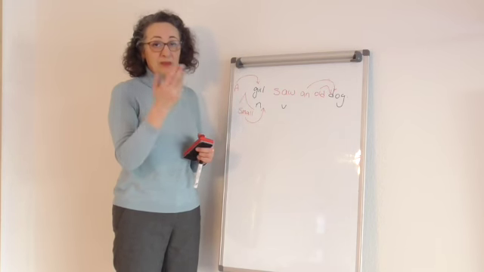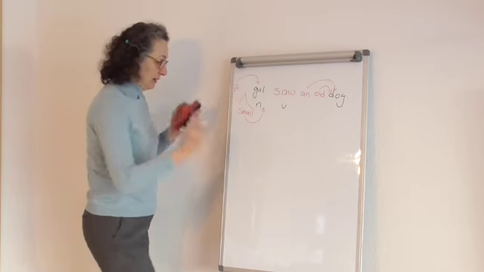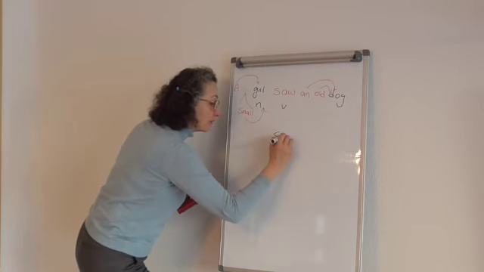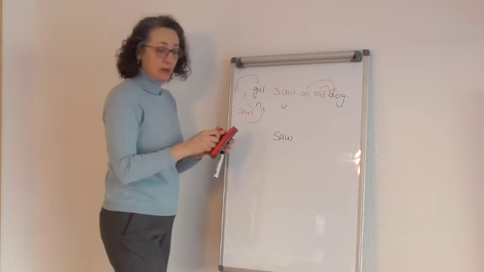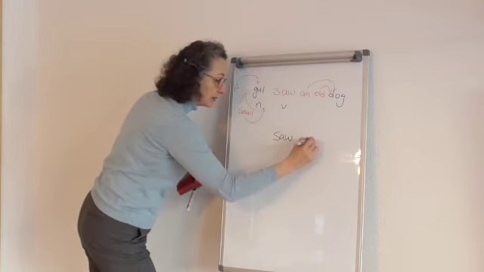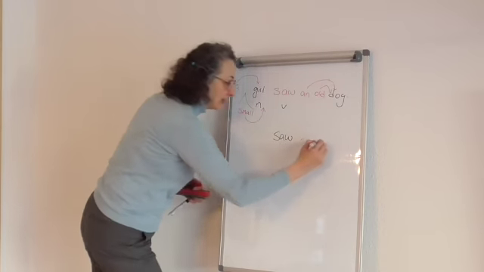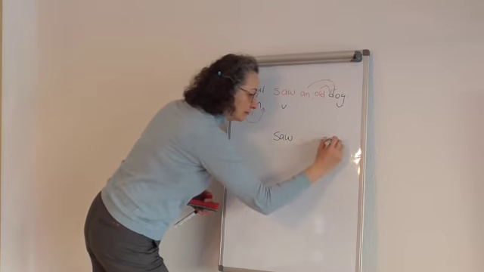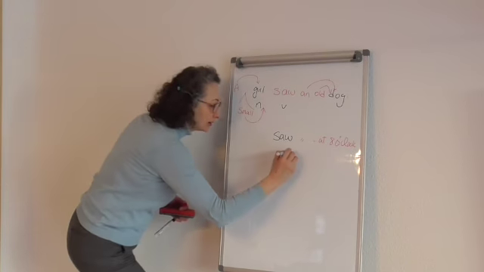All these pieces of information are for the verb. So I get the verb saw. Imagine an old dog, so I just don't write them. I give information about time, at 8 o'clock. Where? In the garden.